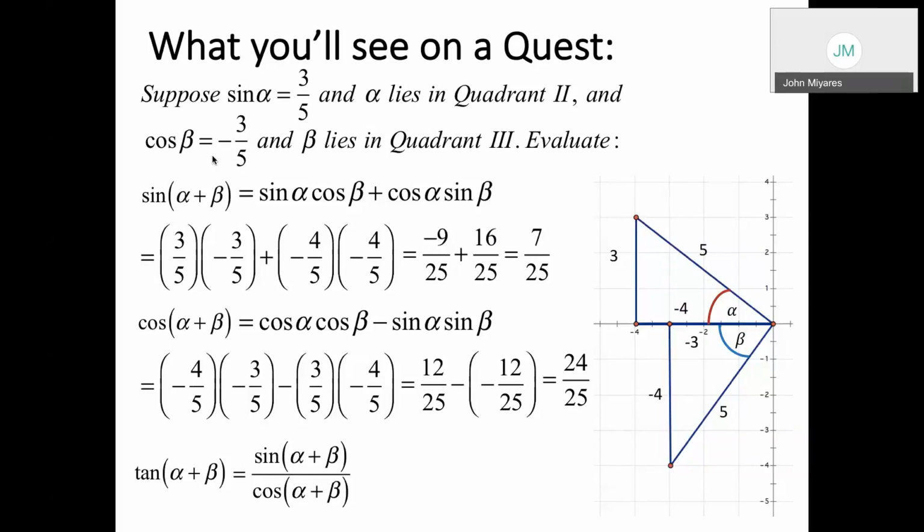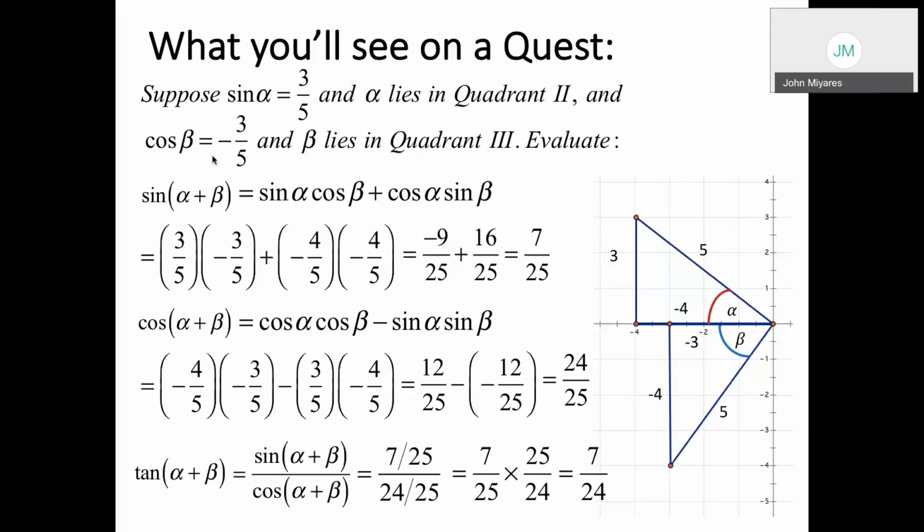So let's do just that. Let's take 7/25 and divide it by 24/25. When you divide a fraction by a fraction, you want to flip and multiply by the fraction on the bottom, so it becomes 7/25 times 25/24, which when you cancel the 25s reduces to 7/24.